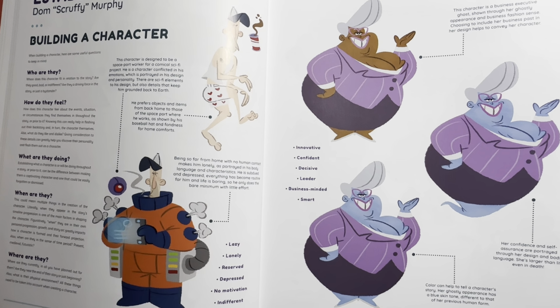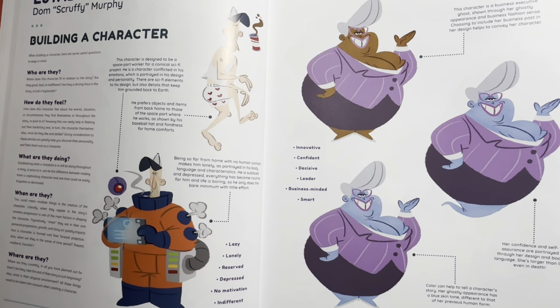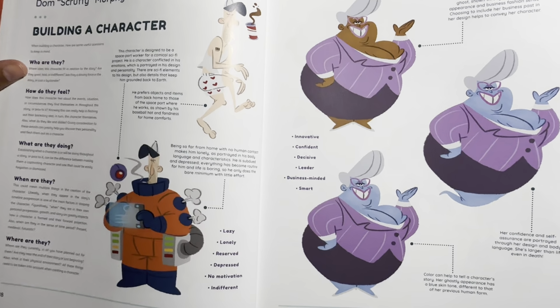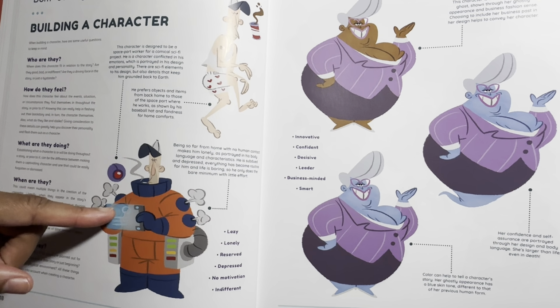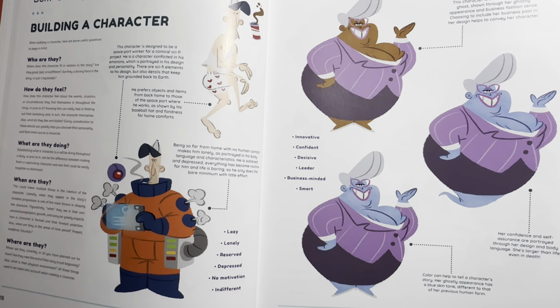What do they like doing? What don't they like doing? This is the personality of the character. And then, what are they doing? What is their purpose in the story? Like this guy, he looks like an astronaut or something.